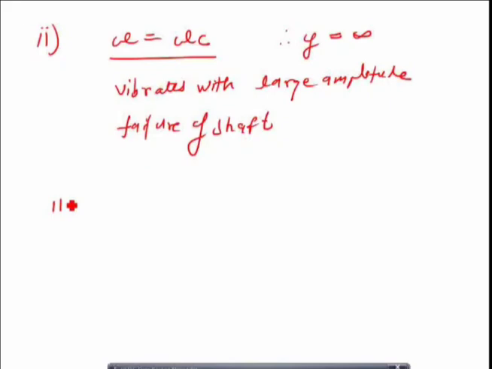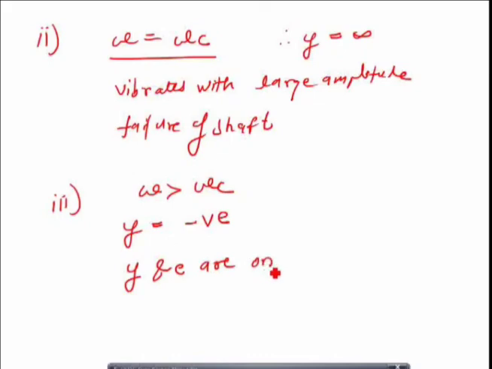The third and last condition is when omega is greater than omega c. In this case, the deflection y is negative, and this deflection y and the eccentricity e are on the same side of the geometric center of the rotor O1.